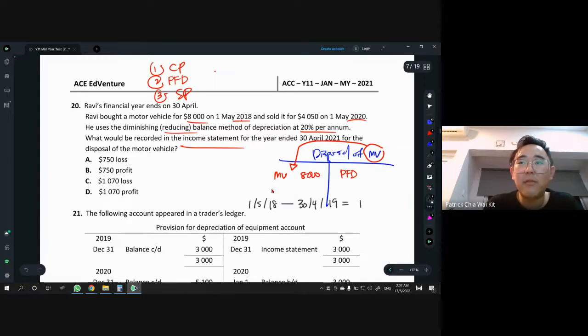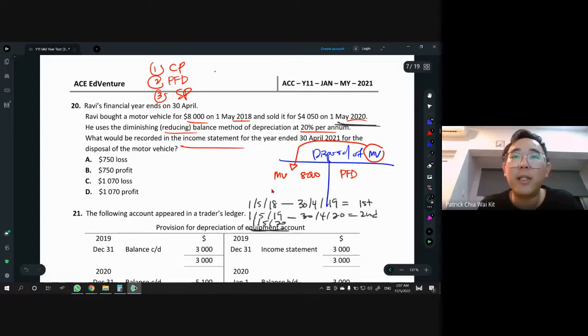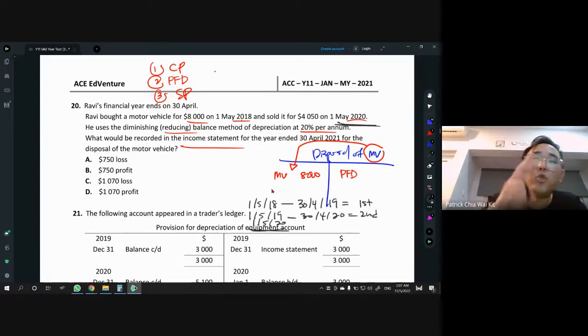So this is our first year. Our second year starts from 1 May 2019 and goes all the way until 30 April 2020. Then our third year starts from 1 May 2020. Wait, it's already sold. That means we had this thing for 2 years. So you have to calculate total depreciation for 2 years.